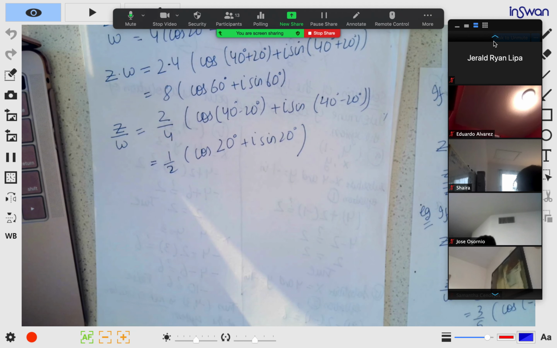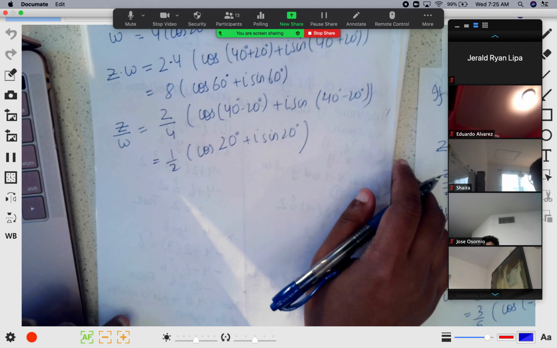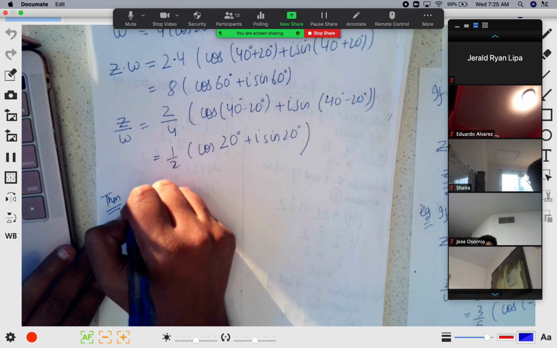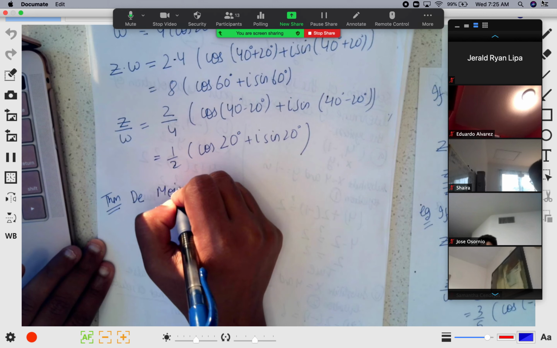Next and the last theorem we are doing is De Moivre's theorem.